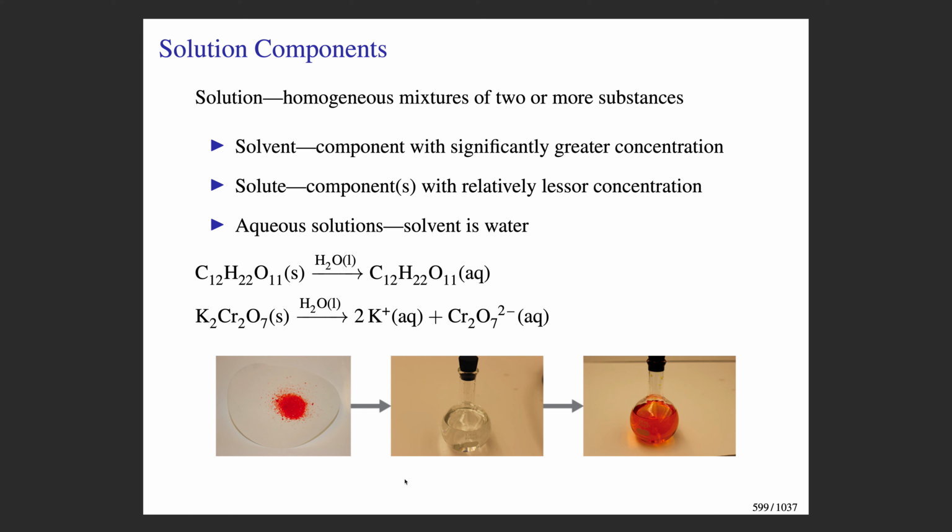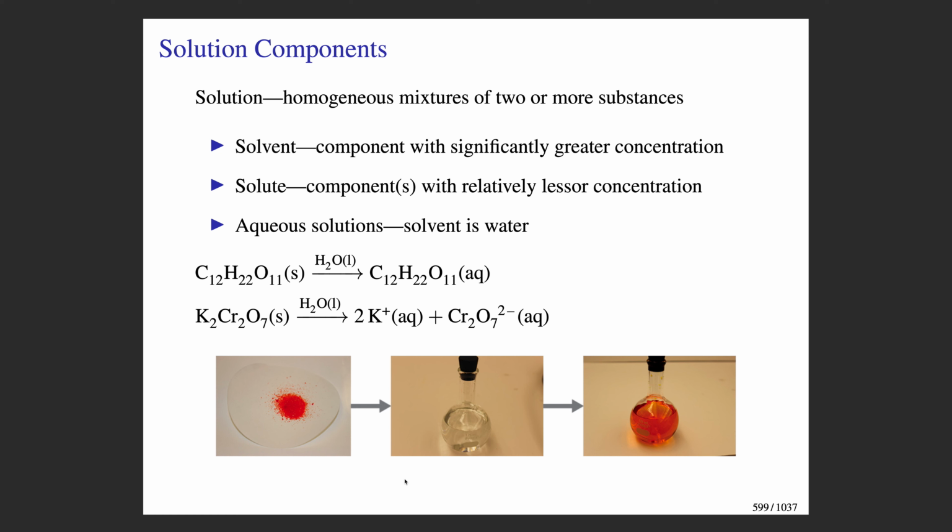That is because the components, the solute and the solvent, are mixed together so uniformly at the molecular level. The term solvent refers to the component of the solution that is present in the greatest concentration. The solute, or solutes if there's more than one, are the components that have a much smaller concentration.